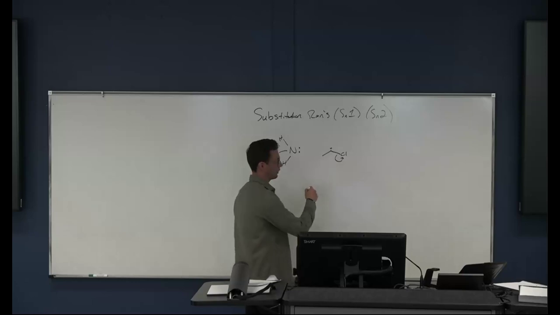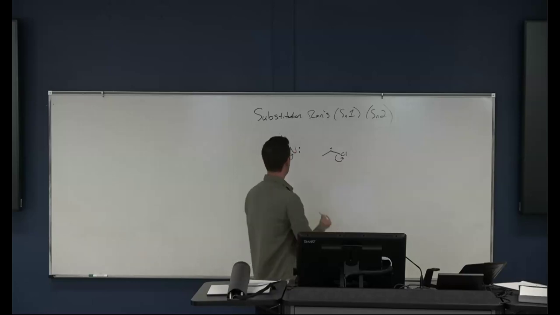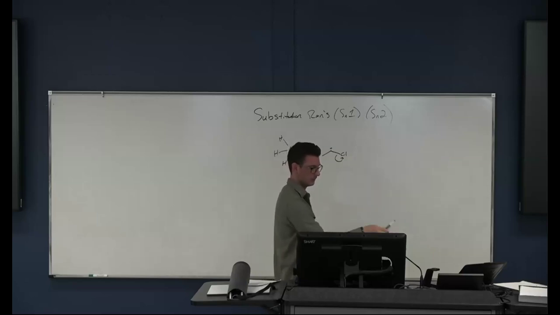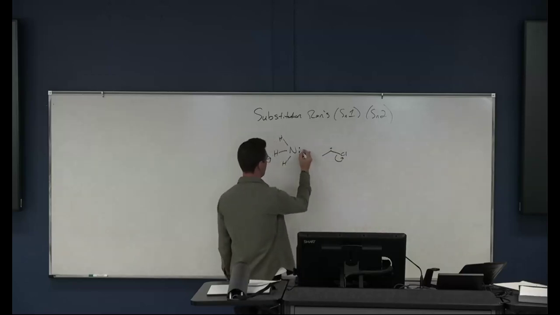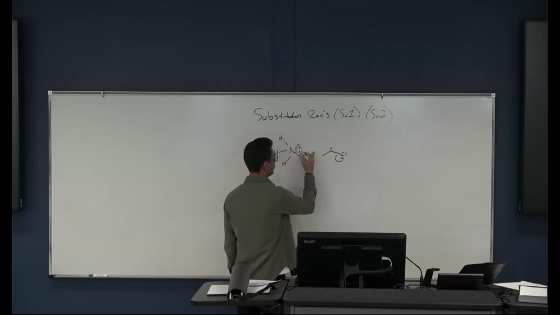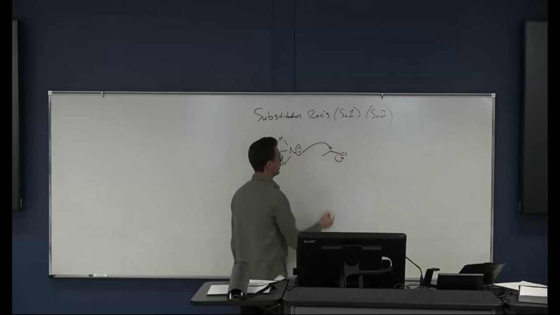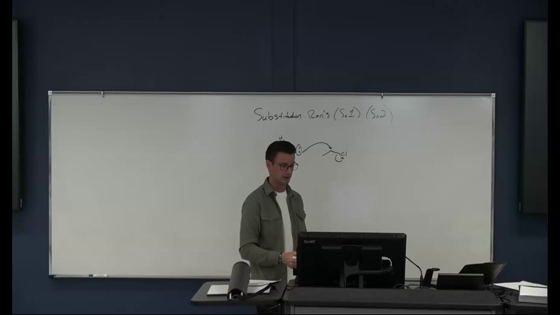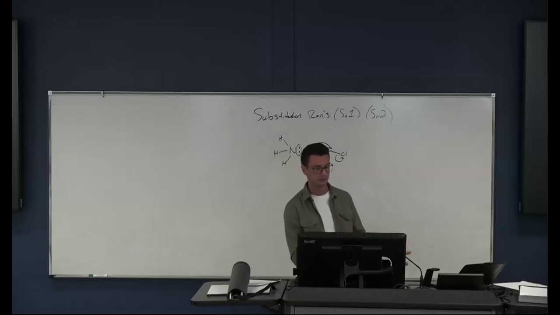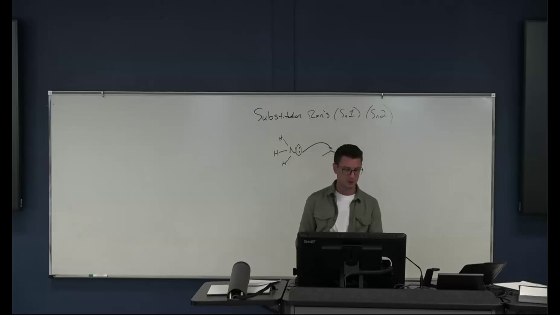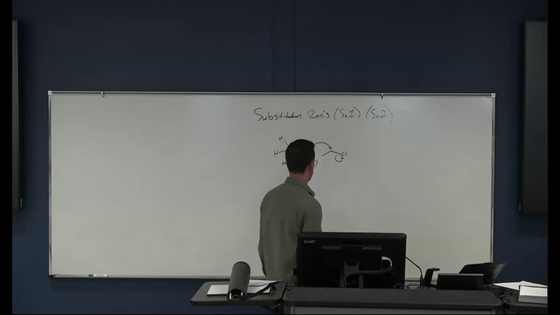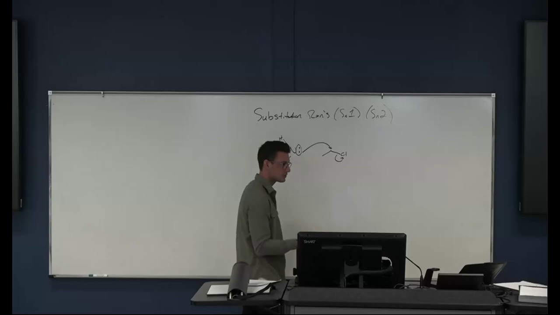Our curved arrows, remember from acid-base, always show the direction in which electrons are going. So the electrons on this nitrogen are going to go to that carbocation, making a bond. This nitrogen is acting as a nucleophile in this case.